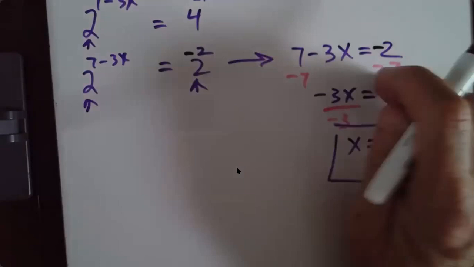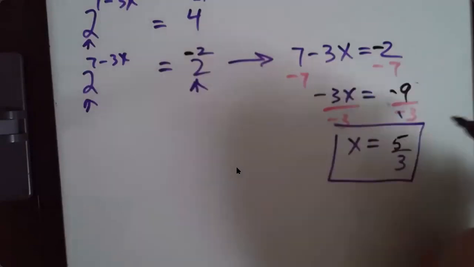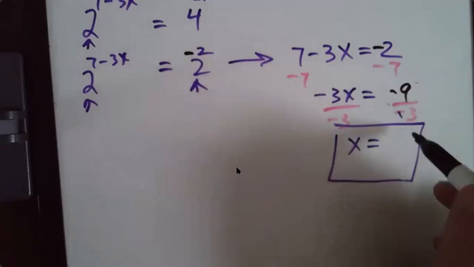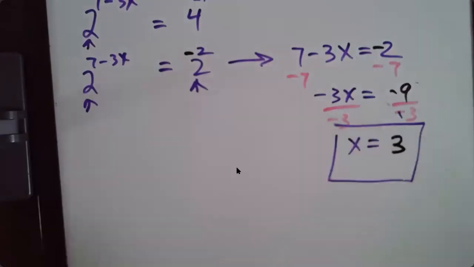Okay, so that negative 9 over negative 3, and so that's 3. So our answer is x equals 3. Okay, so on double checking, we found that to be something else, a little bit different, but a good thing we checked it.